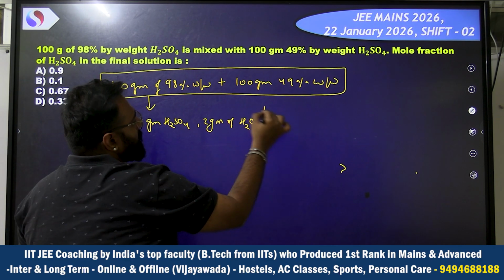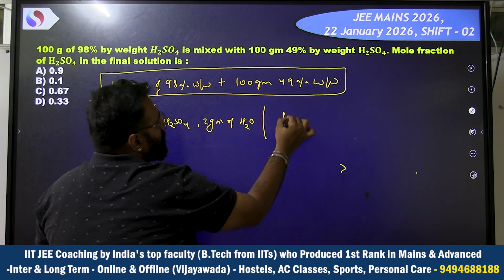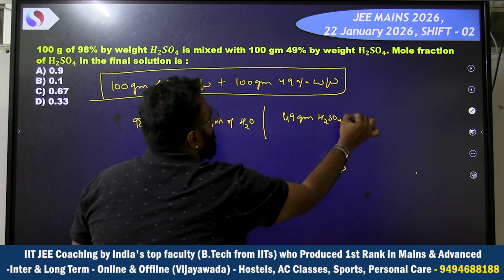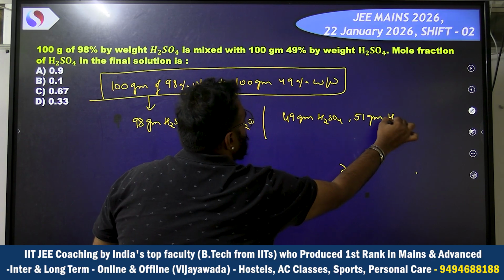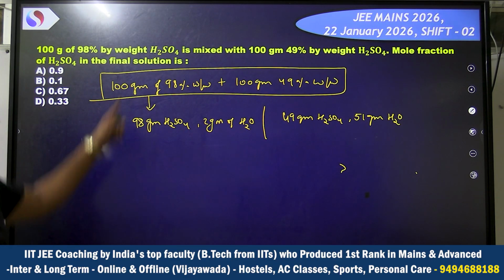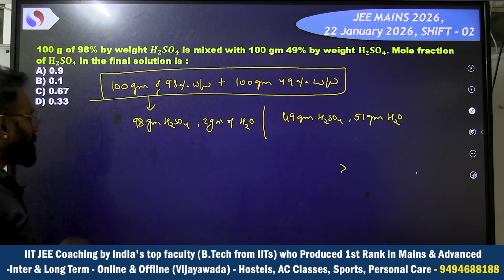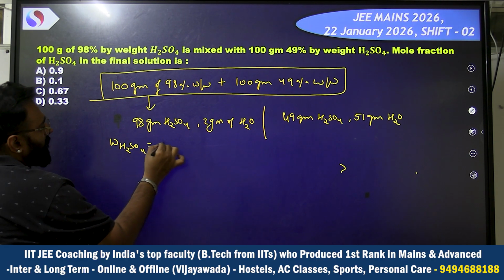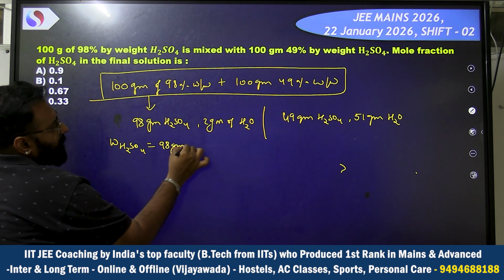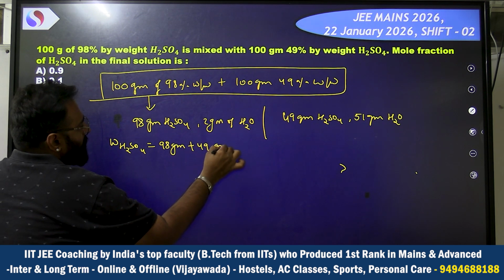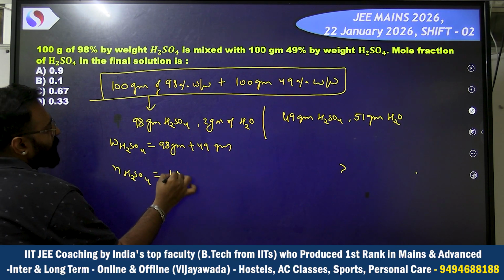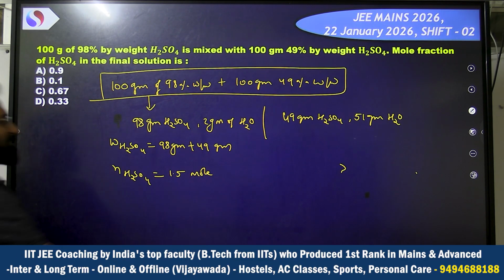Similarly, on the other end, we have 49 gram H2SO4 and 51 gram water. Correct? Now, total weight of H2SO4 will be 98 gram plus 49 gram. So number of moles of H2SO4, obviously 1.5 mole. This is 1 mole and this is 0.5 mole. So 1.5 mole.